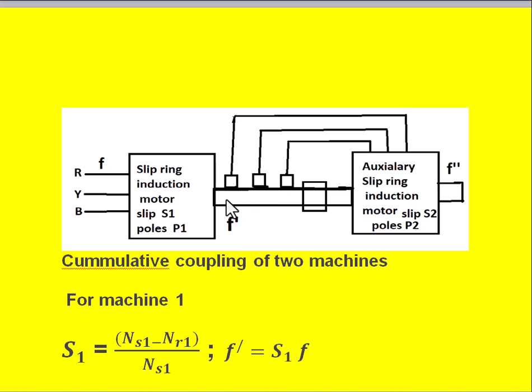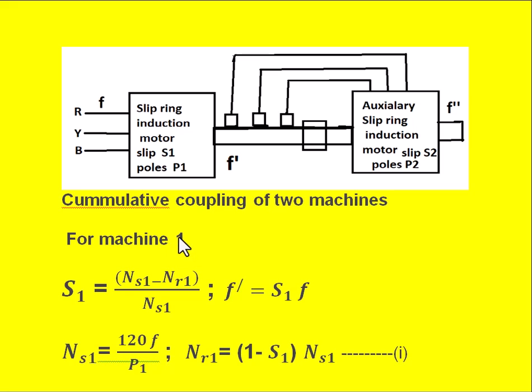From the slip rings of motor 1, the supply is drawn to the machine 2 slip ring induction motor like this, and the rotors of motor 1 and motor 2 are mechanically coupled via a shaft. The induced EMF frequency of machine 2 rotor is F double dash.